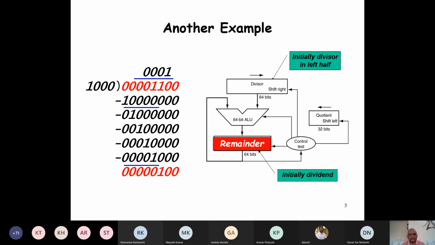We keep on doing this until we are able to subtract here. 1000 has come here, and we are able to subtract, and we get the remainder 1000. So for a 4-bit division, we have to do this process 5 times. For 32 bits, we need to do it 33 times. So that's the overall scheme.